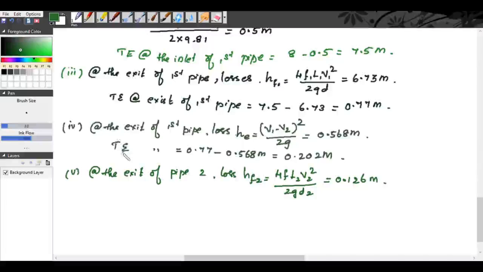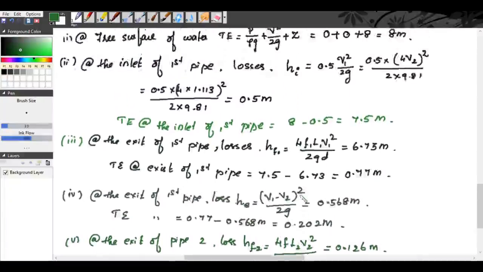So total energy at the exit of pipe 2 will be equal to 0.202 minus 0.126. We get 0.076 meter.